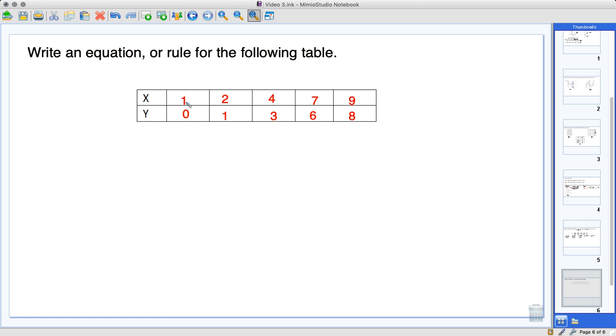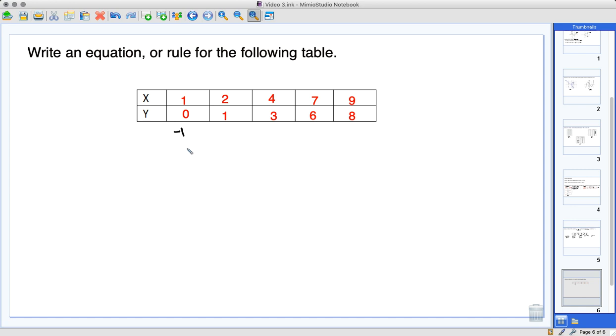How do I get from 1 to 0? Well, first thing that pops into my head, subtract 1. Okay, so subtract 1. Does that work for 2 to 1? Or 7 to 6? Or 9 to 8? Am I subtracting 1 each time?